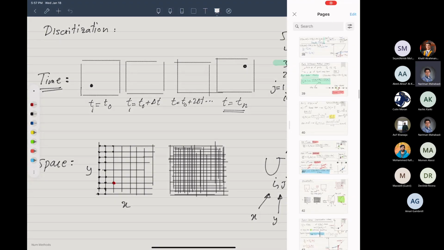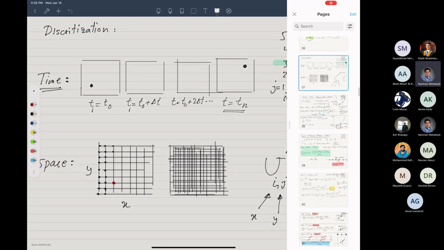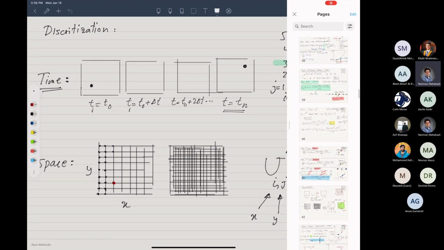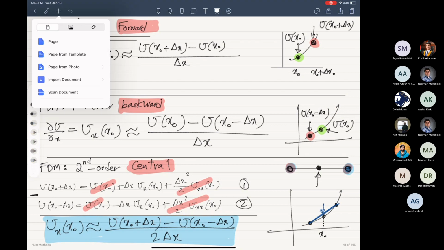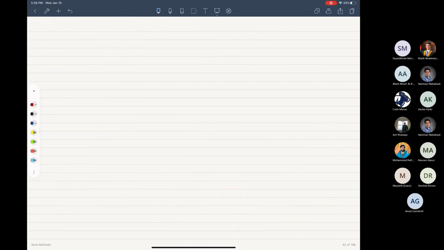So let's see how to write this. Once we write this in a discretized form, then we are ready to really start our simple simulation. Okay, the discretized form of these FDM schemes.